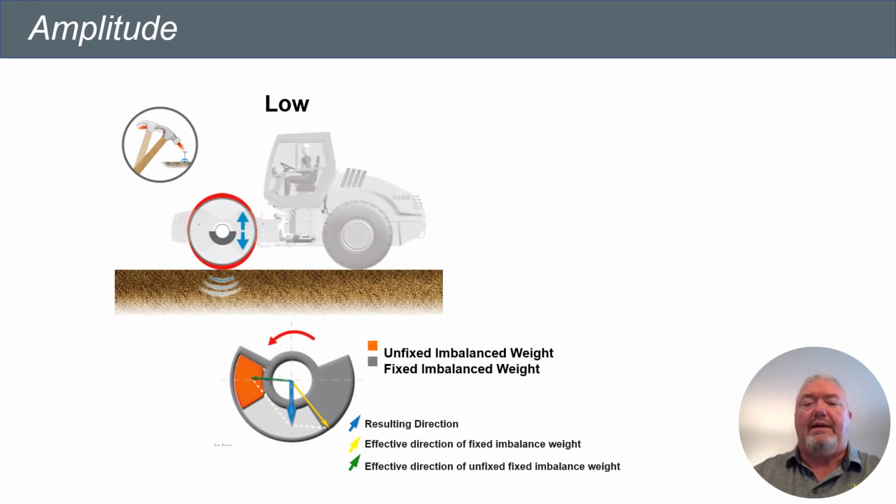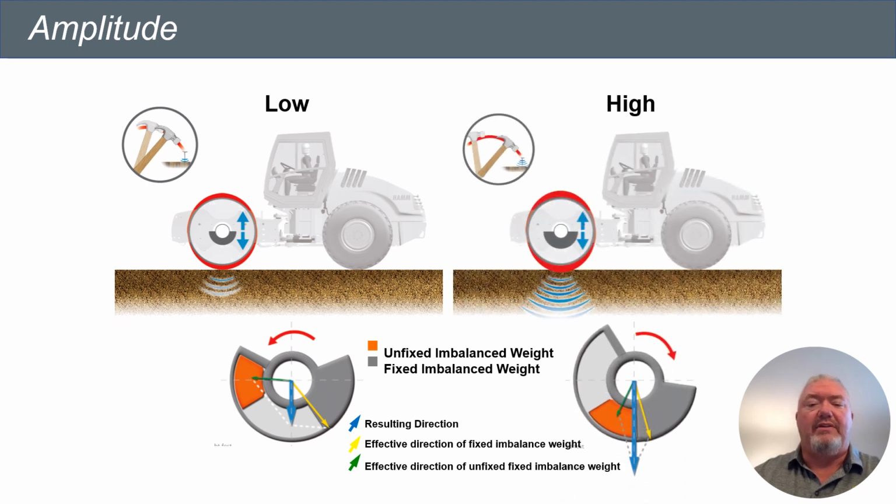So when we talk about amplitude, we're talking about the size of the weight that's swinging around inside that drum. Every manufacturer sets it up a little bit differently. Ours are set up with two amplitudes, a high and a low, with a variable frequency. Other manufacturers might have multiple amplitudes and set frequencies.